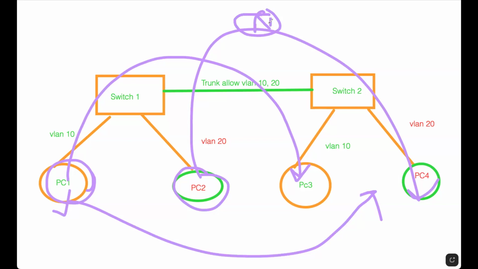So technically, what we will do is a router on a stick lab now. We will see how we can make two VLANs communicate with the help of a router. In a similar design to the HSRP concept, let's do this.